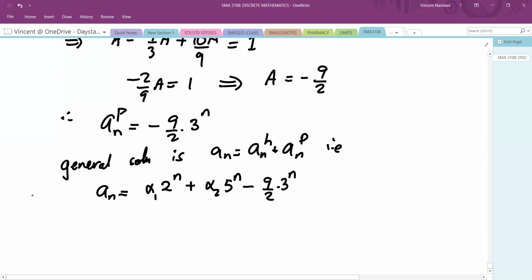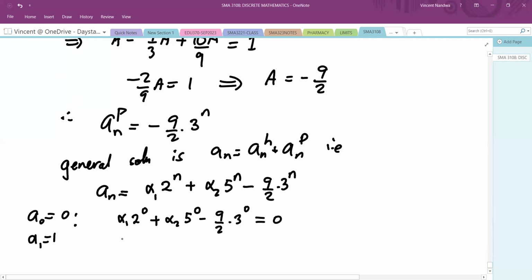Now we were given that a_0 is 0 and a_1 is 1. Where there's n, put 0, so we'll have alpha 1 times 2^0 plus alpha 2 times 5^0 minus 9 over 2 times 3^0 should give us 0. And then alpha 1 times 2^1 plus alpha 2 times 5^1 minus 9 over 2 times 3^1 should give us 1.